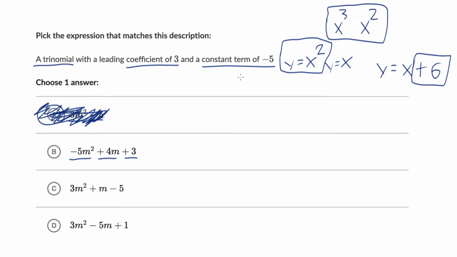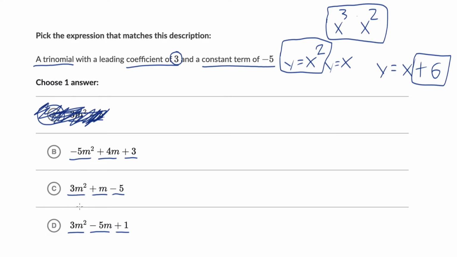Now there's more stuff here, but let's just use a process of elimination, okay? 1, 2, 3, and you got 1, 2, and you got 3, okay? So B, C, and D all have 3 terms, okay? So that's very helpful. And it's asking for a leading coefficient of 3. Let's circle 3. Now, what does that mean, leading coefficient? It's pretty much referring to the first number right here, okay?